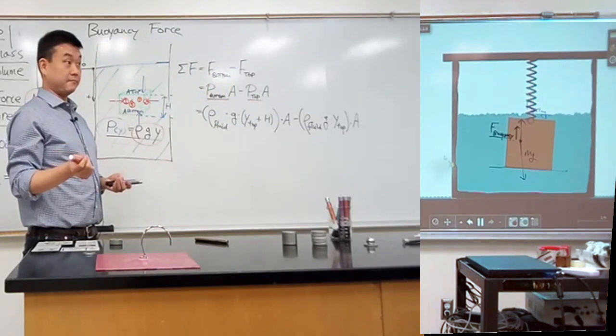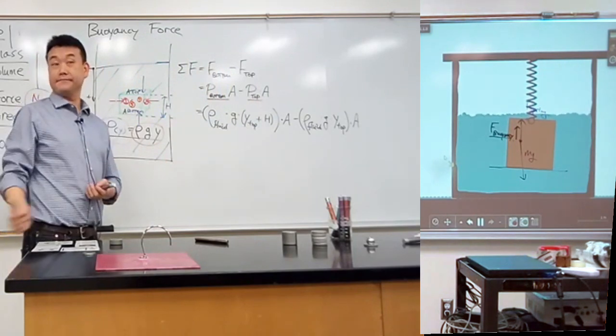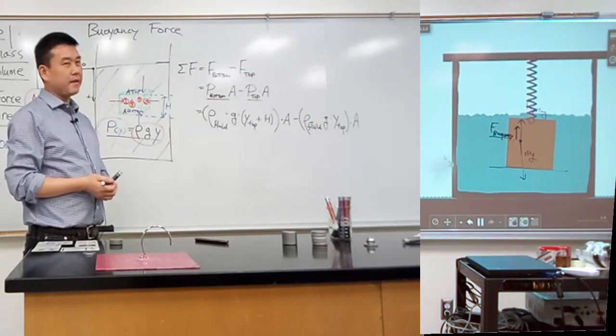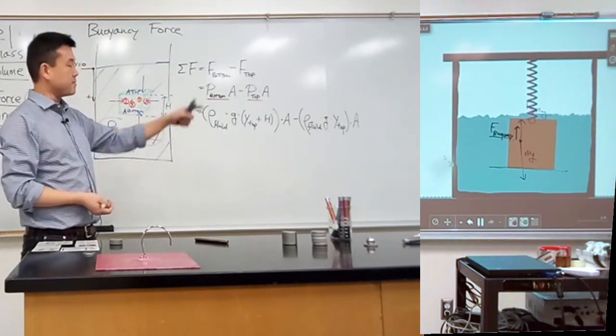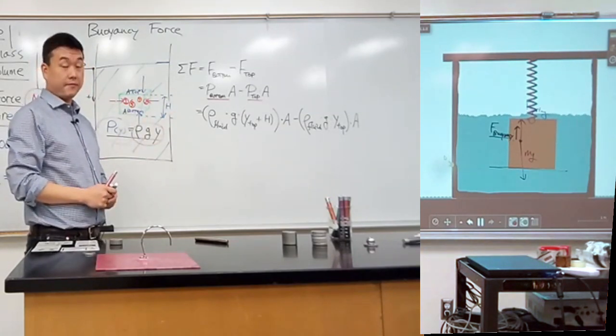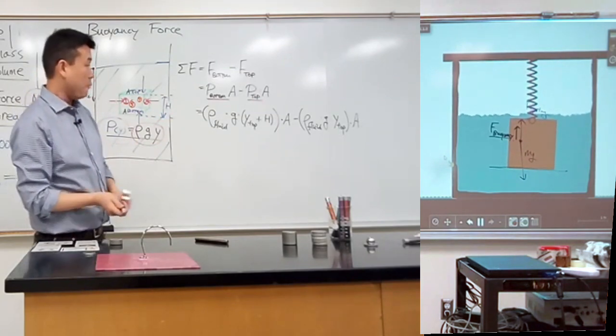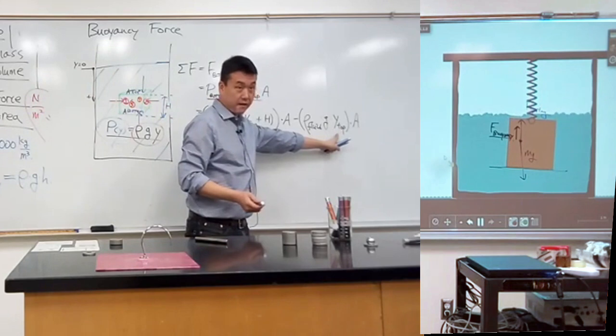Yes? What cancels out? Area and g. Well, area doesn't quite cancel out. So I don't mean factors canceling out, I mean additive terms, yes? Yeah, y top is the term that cancels out, right?